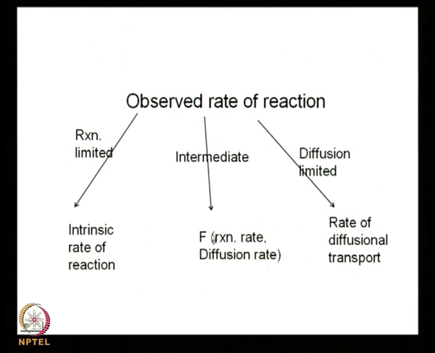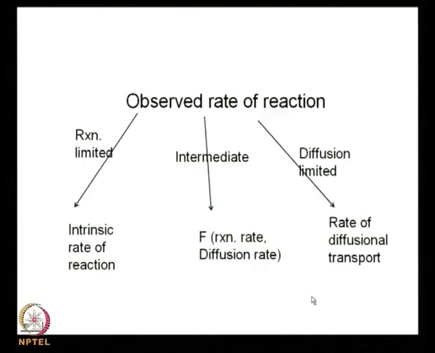These are the most difficult to calculate as compared to the other two, because for the other two, once you make sense that it is in the diffusion limited or the reaction limited regime, you directly know the rate. But in the intermediate zone, you have to calculate, and life is always difficult. You have to calculate because most of the things that we deal with in real life are in the intermediate zone between the reaction and diffusion limited regimes.